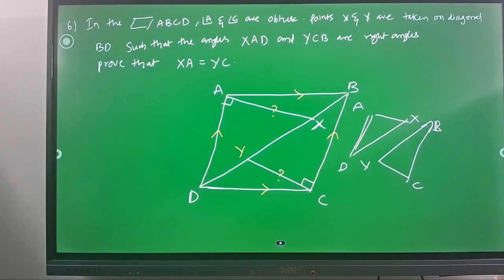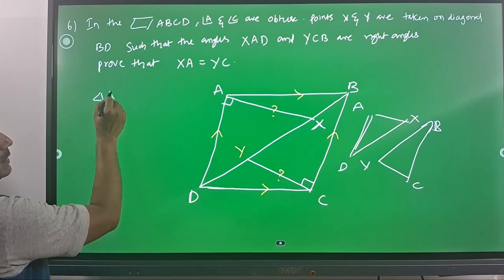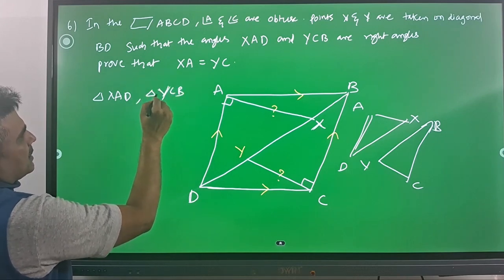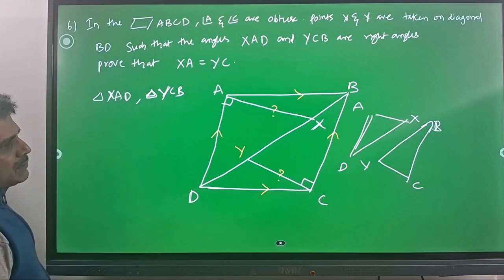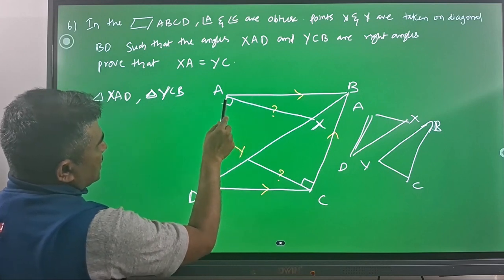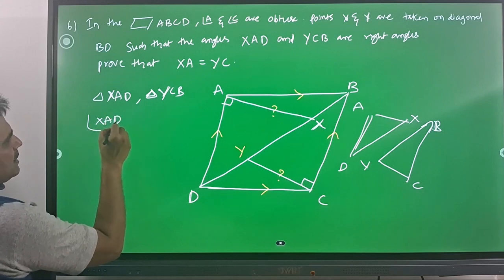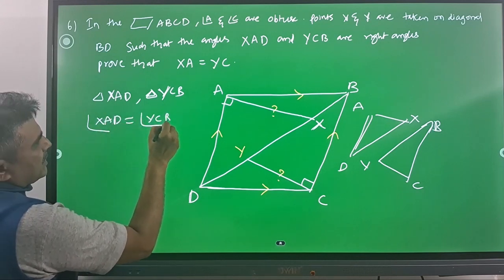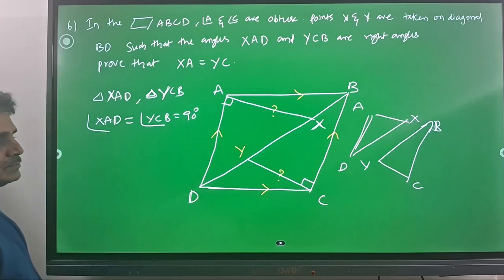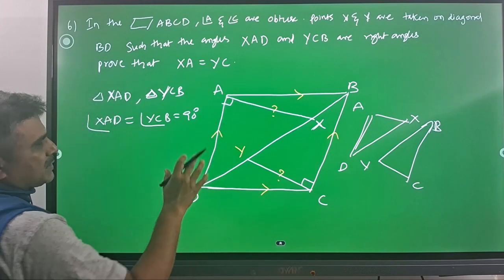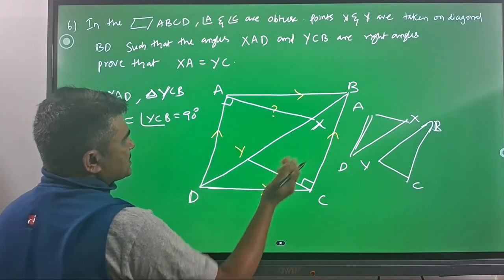Okay. So if you want to prove the congruency between those two, triangle XAD and triangle YCB are the triangles we need to consider, and we need to check what the equalities in them are. According to the given information, at A we have a right angle. So angle XAD is equal to angle YCB, which is 90 degrees, and BC is equal to AD, because in a parallelogram opposite sides are equal.